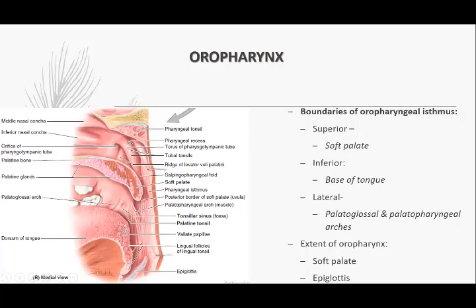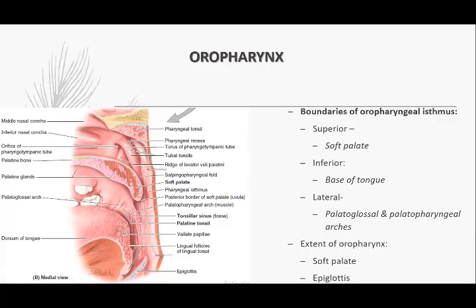This entire area is the oropharynx. और ये जो बेटा opening है, which is guarded by this, ये जो opening है, the opening of the mouth cavity into the oropharynx. This opening is called oropharyngeal isthmus.